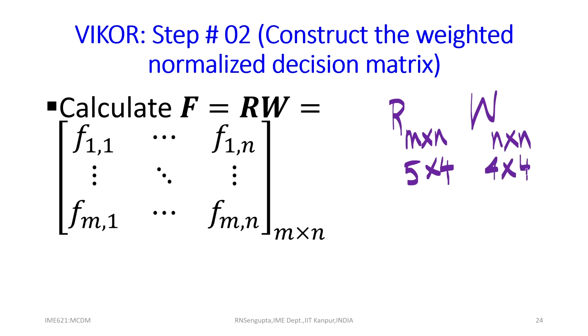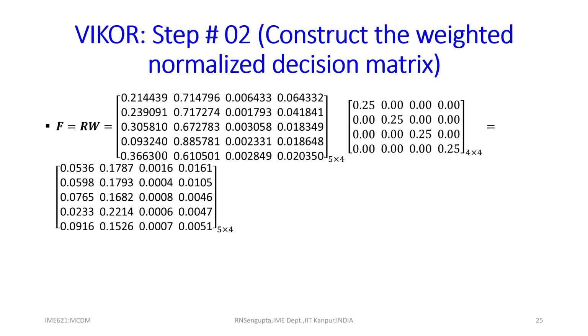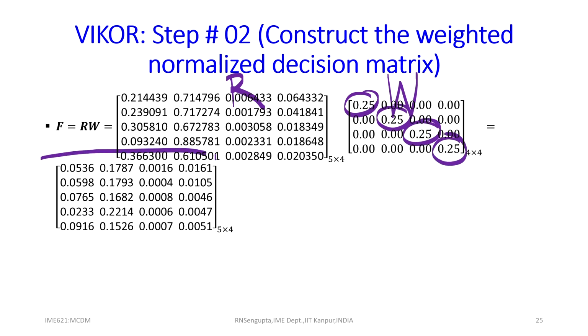So, hence it can be multiplied. Based on that I multiply. Once I multiply, I have this matrix. The first one is R, second one is W. Remember, here all the values are 1 by 4. So, once I have that, I have the weighted normalized matrix. First is the normalized matrix, then the weight matrix, multiplying them, I have the weighted normalized matrix.